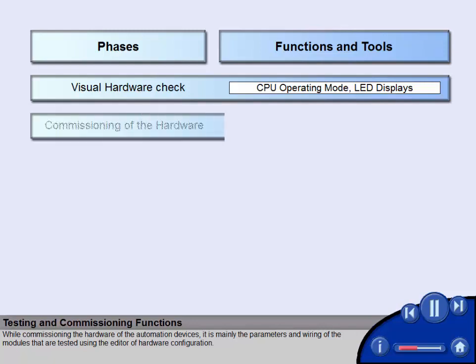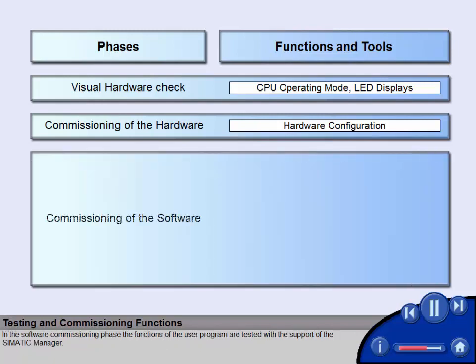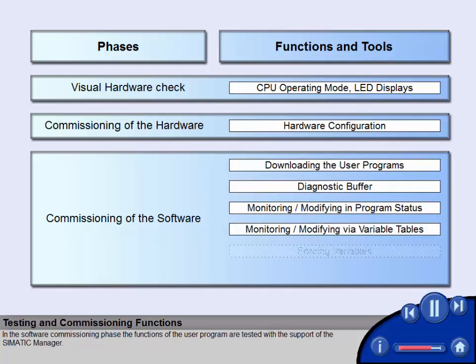While commissioning the hardware of the automation devices, it is mainly the parameters and wiring of the modules that are tested using the editor of hardware configuration. In the software commissioning phase, the functions of the user program are tested with the support of the Sematic Manager.